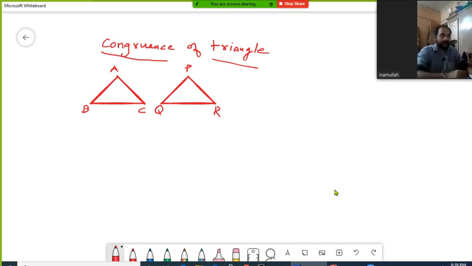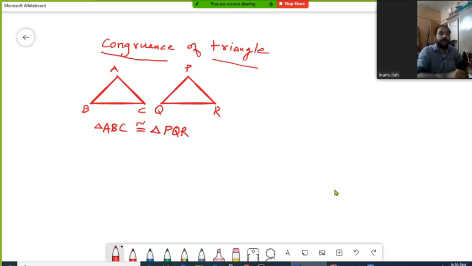So we will discuss that. So this can be written: triangle ABC is congruent with triangle PQR.